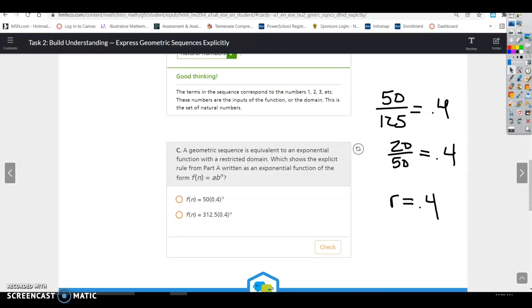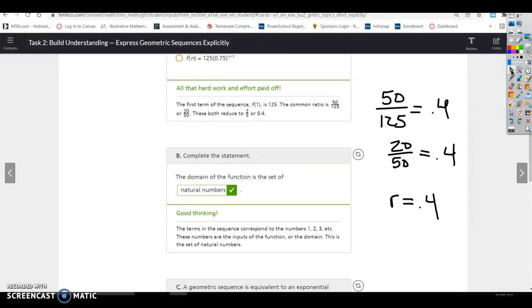All right, the geometric sequence is equivalent to an exponential function with a restricted domain, which shows the explicit rule for part A written as an exponential function of the form f of n equals a b to the n power. All right, so let's just do a little bit of math here.